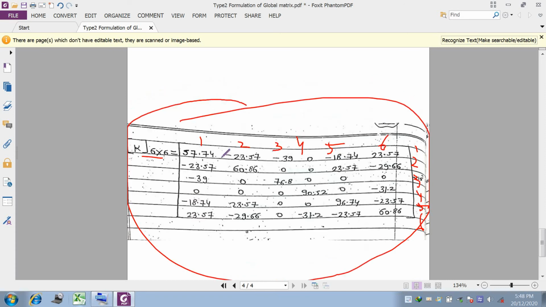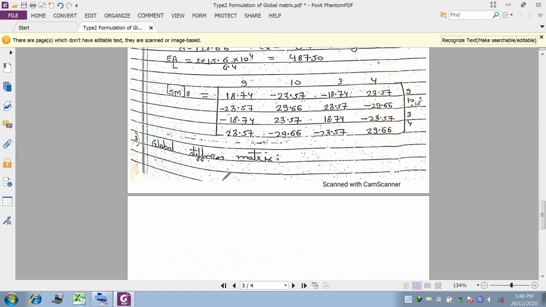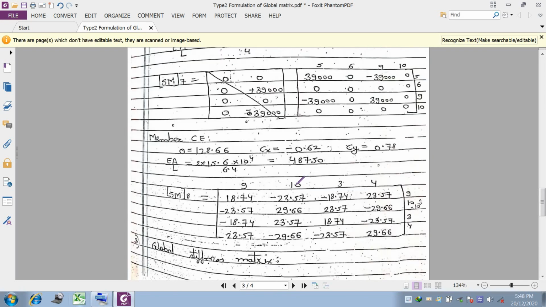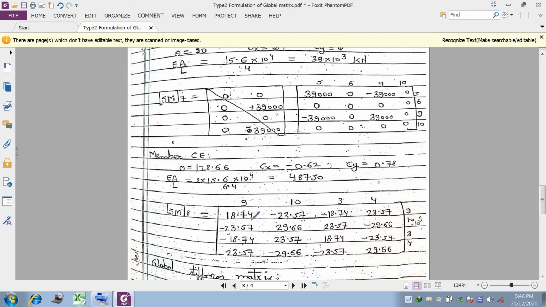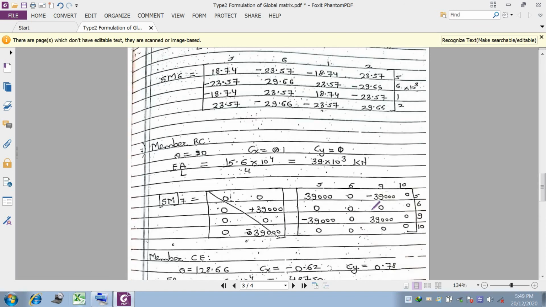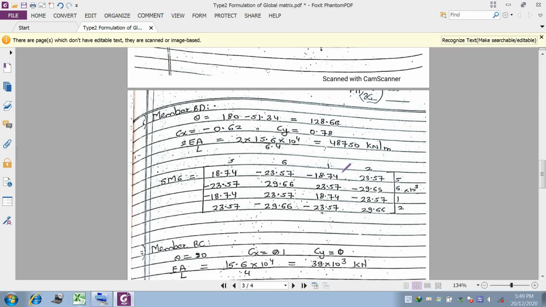Okay, so let us see how this value will come. You have to see coordinate 1 1 for the first case. Let us see from all the 8 members: 1 1 here, 9 8 is not there, this is not there, 1 1 this is there, 18.74 is there.